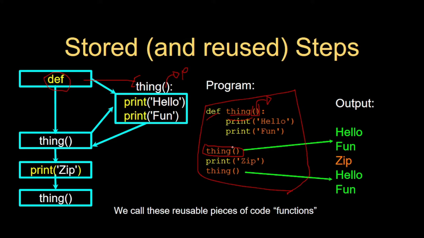We should call it. So thing is the function name. When we call it, there is no semicolon, colon, or any terminating punctuation mark. Simply thing, then open and close parentheses. If there is a list of parameters in the declaration of the function, you should pass the parameter values when you call the function name.